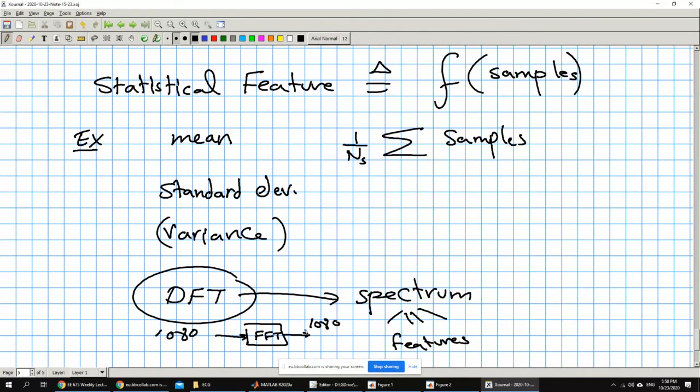Because of the symmetry, you will end up with half of that that are unique. But each one of these will be a feature. You can use it as a feature. When I say you can use it, you don't have to use it.